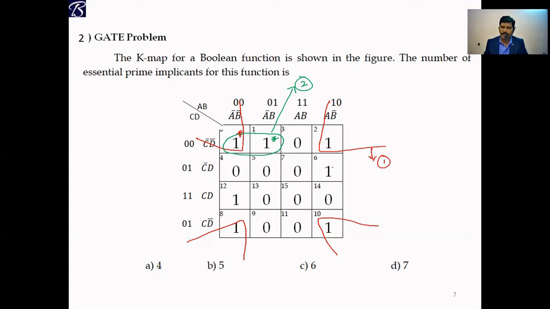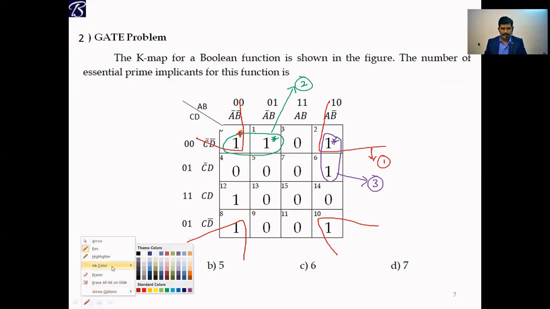Only one pair is possible, that is 2 and 6 cells, which is also essential. Coming to cell number 12, the last minterm, only one possibility is there, so that is also essential.